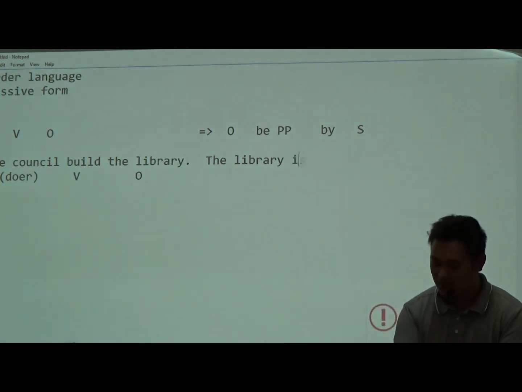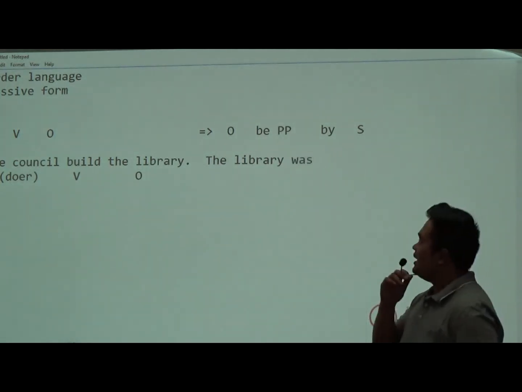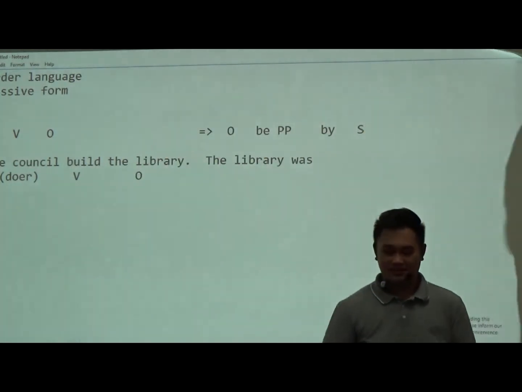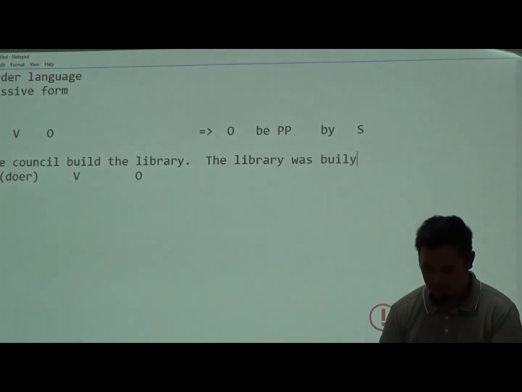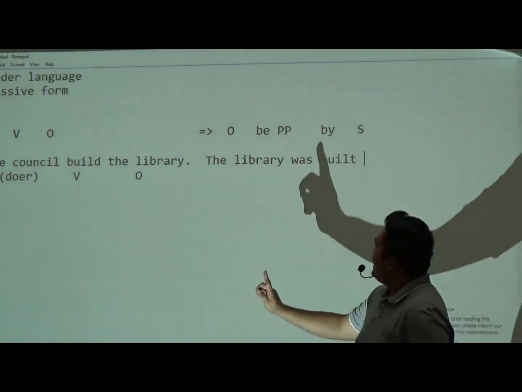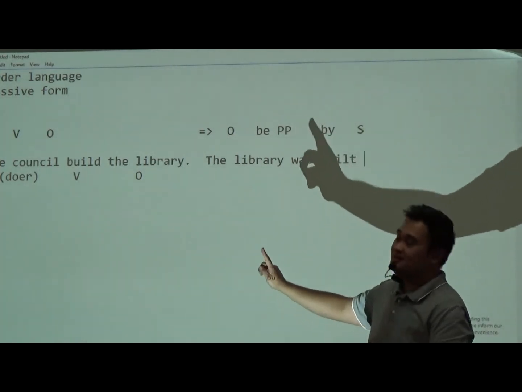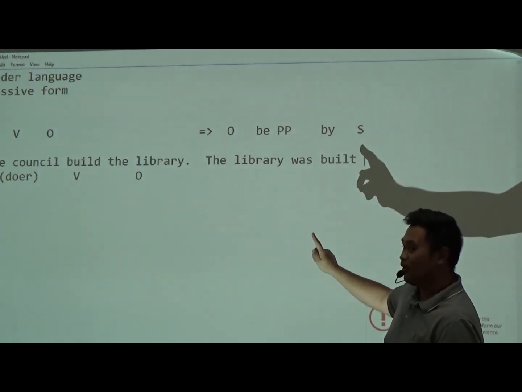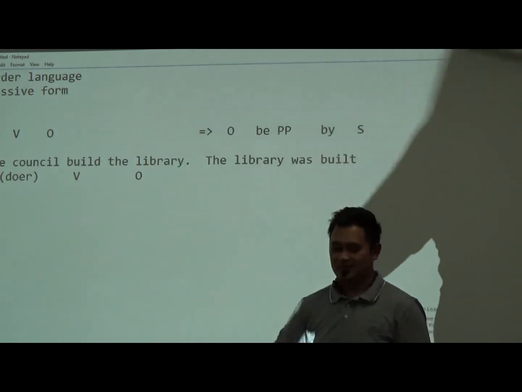Not is, we change to was. Then PP 동사. What is the PP of build? Built. Then by, we always have to mention this, by doer. Doer, 주어. The council.